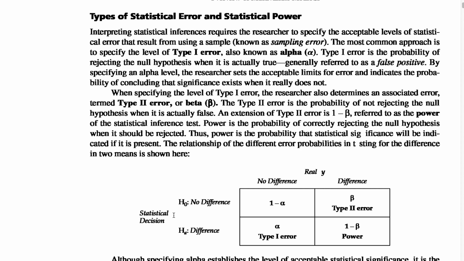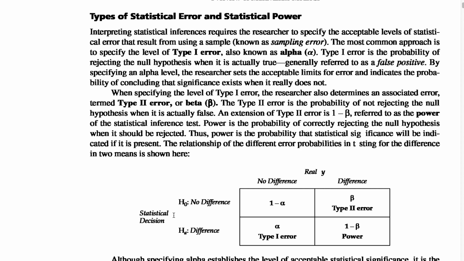Type 1 error is the probability of rejecting the null hypothesis when it is actually true, generally referred to as a false positive. By specifying an alpha level, the researcher sets the acceptable limit for error and indicates the probability of concluding that significance exists when it really does not.